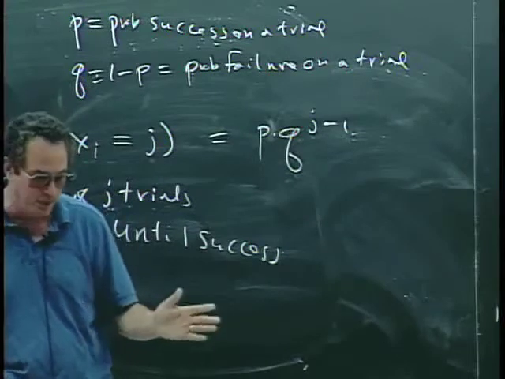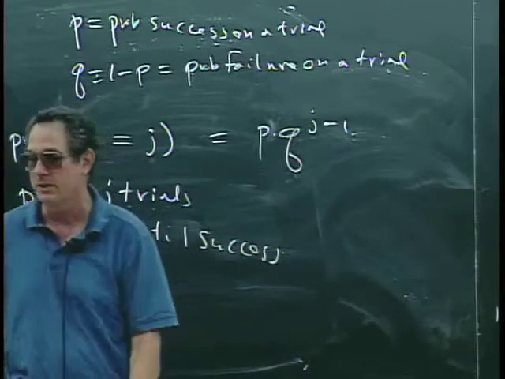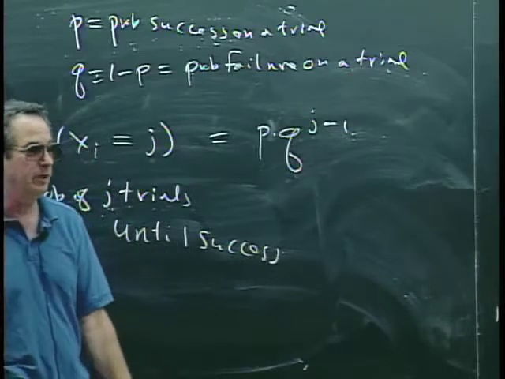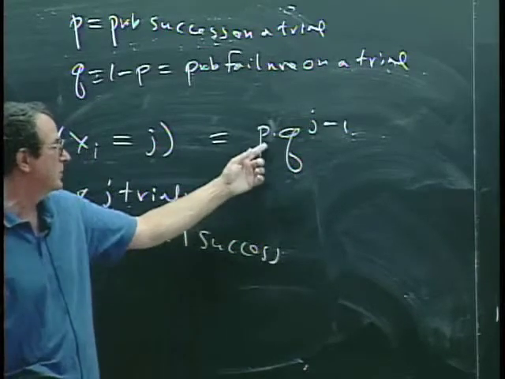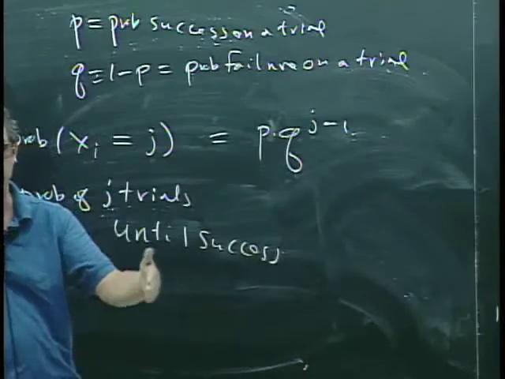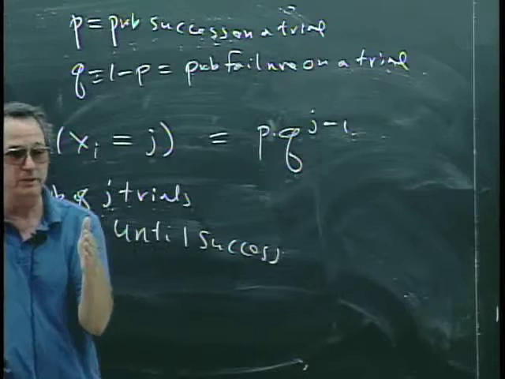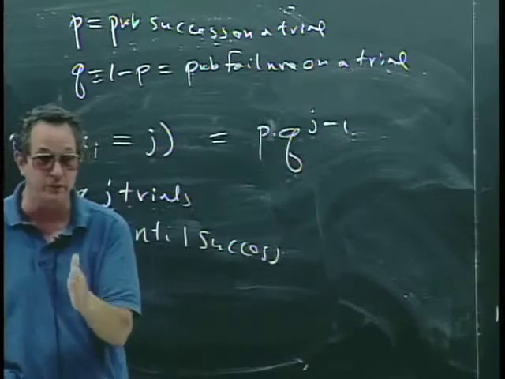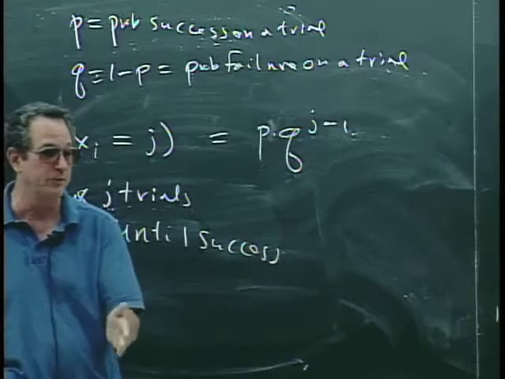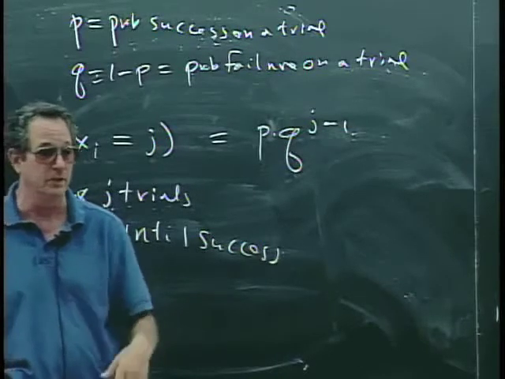And I hope that everybody, through some introduction to probability somewhere in high school, if not in a formal college class, understands that on independent trials, if the probability of failure is q on one trial and q on the next trial, the probability of 2 failures is q times q, and so on.